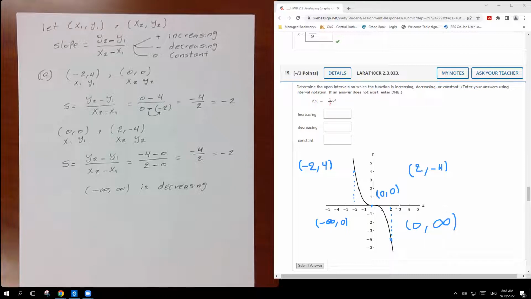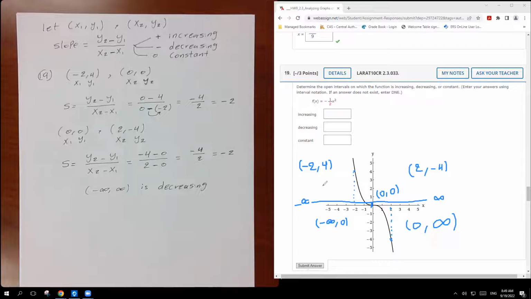And again, when I write down the solution, I'm going to write it on the x coordinate. Here is negative infinity. From negative infinity to the point 0, 0 here, the graph is decreasing. And from the point 0 to infinity, the graph is decreasing. That means from negative infinity to positive infinity, the graph is decreasing.